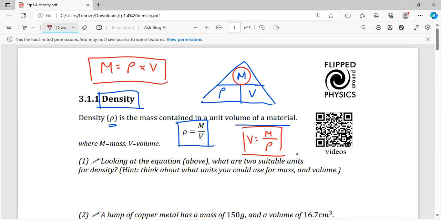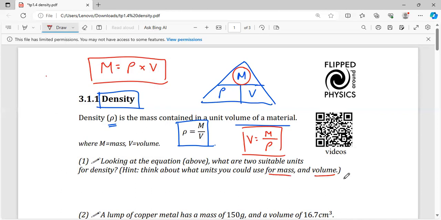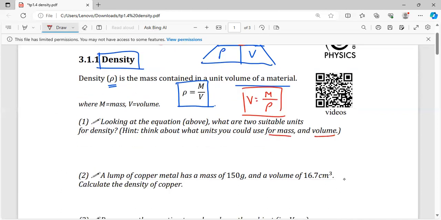Number one, looking at the equations above, what are two suitable units for density? Think about what units you could use for mass and volume. So what do you think, Sasha? I'll give you an example. The first is units for density.